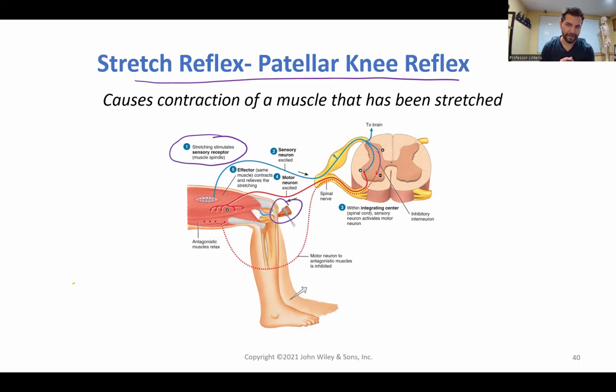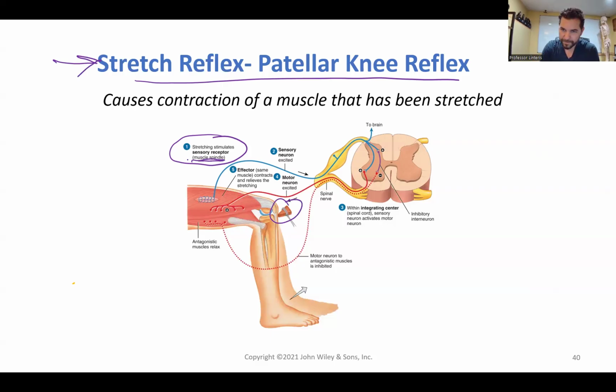When you tap, it causes a stretch of the quads. You tap that, tendon pulls down, quads stretch rapidly.